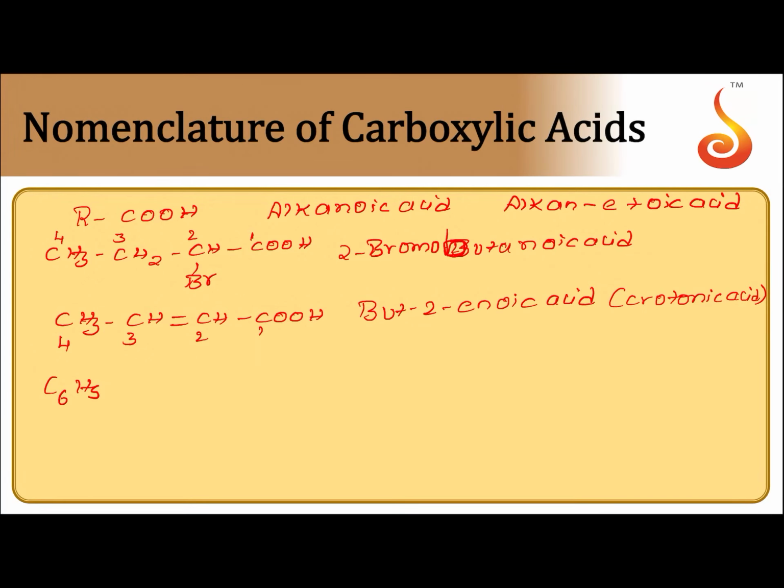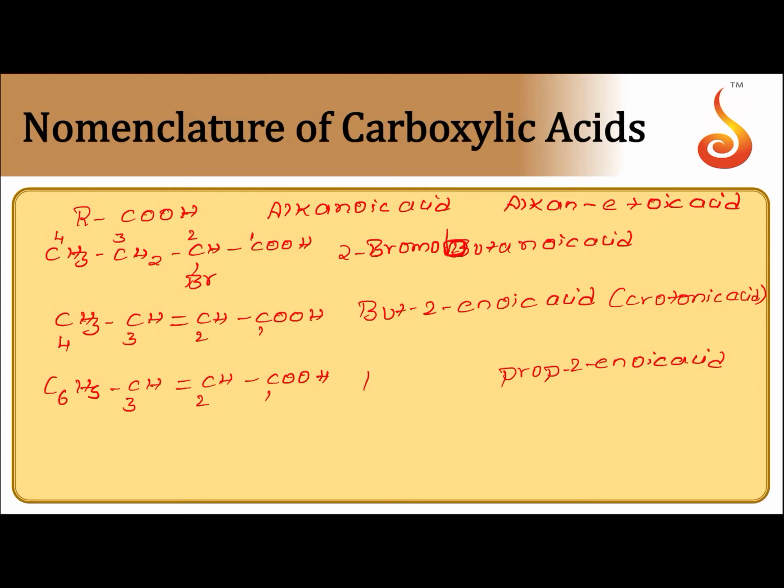Now let us take one more compound. C6H5, CH, double bond CH, COOH. In this compound, if you see 1, 2, 3, the root word is prop. So, prop-2-enoic acid.